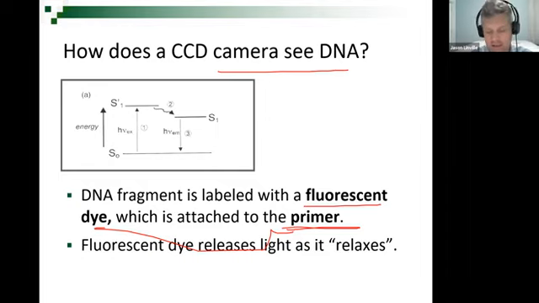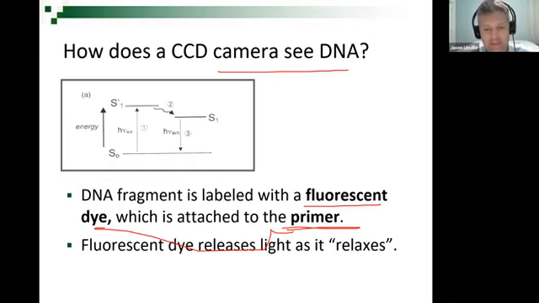A primer is a fragment of DNA. You can order a series of single-stranded letters to serve as a primer, and you can also ask to attach a fluorescent dye to the 5' end of the primer. That takes the cost of a tube of primers from about $10 up to about $80, including the dye, but it's still inexpensive because that little amount of primers goes a long way.